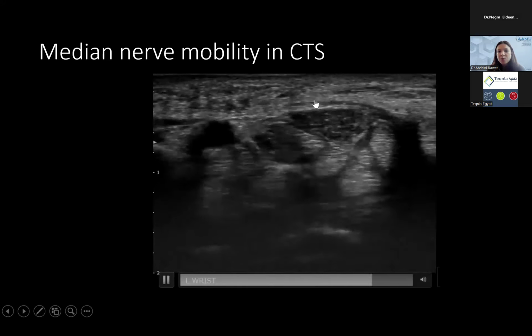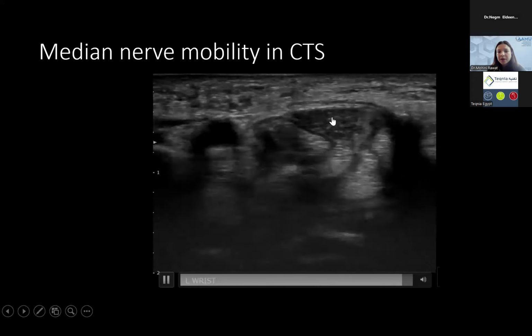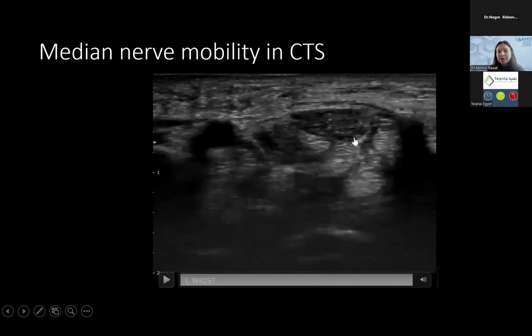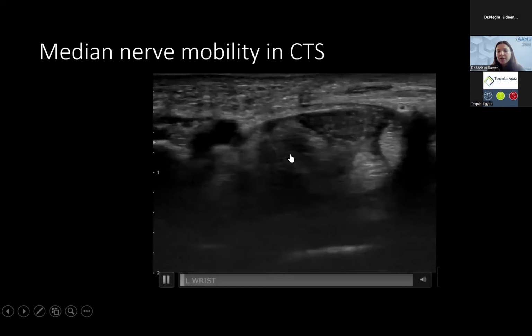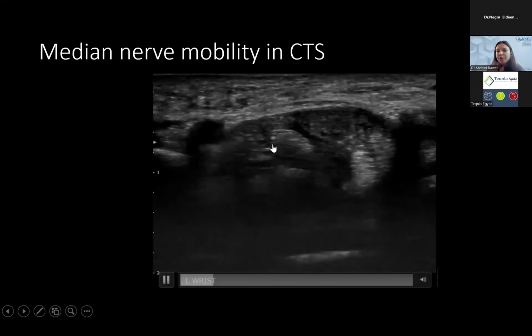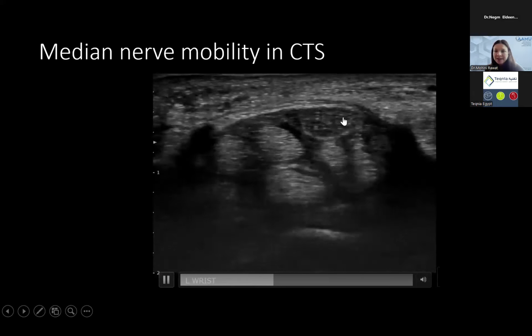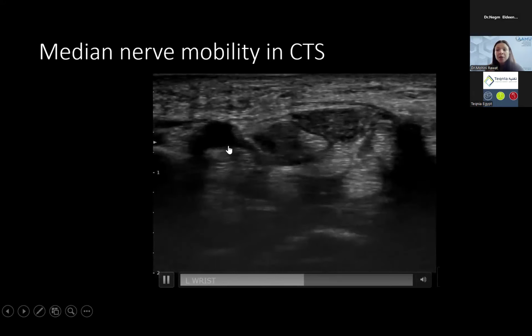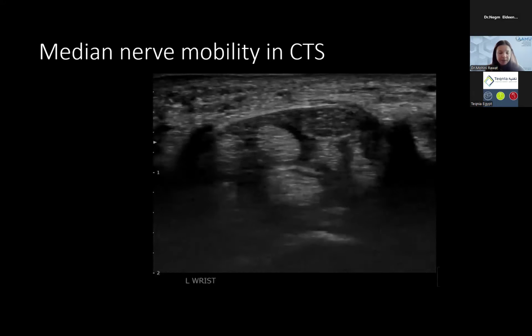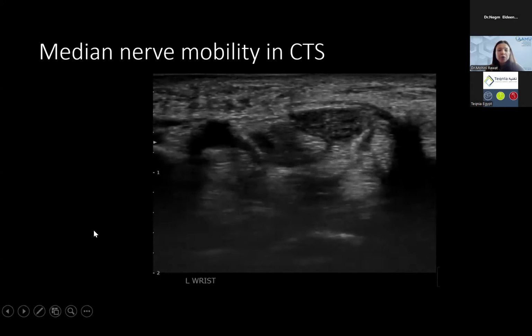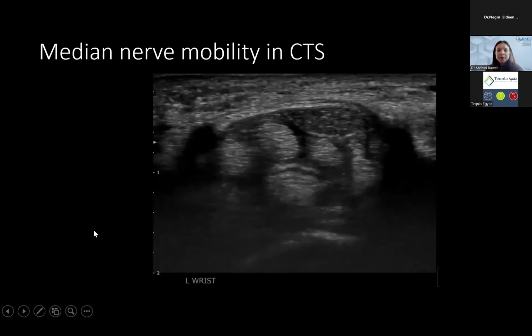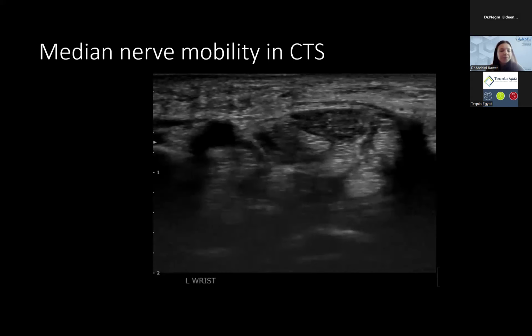The nerve is almost stuck here with the flexor retinaculum. Any movement that you detect within the nerve is a relative movement of tendons just trying to push it, but by itself, it's adherent there. It's not moving well. So this can be another dynamic assessment that you can add to your ultrasound examination.